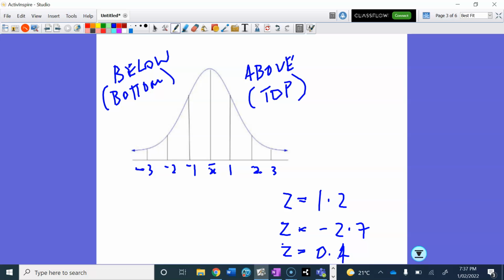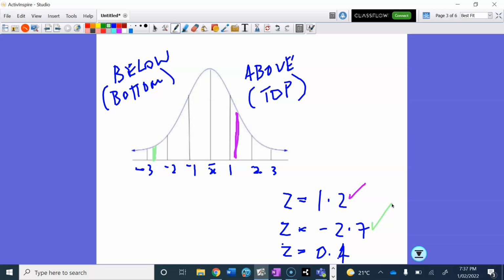A Z-score of 1.2 is greater than 1 and less than 2, so on your graph it would fall somewhere here, less than halfway between both. If you're doing a Z-score of negative 2.7, obviously it's smaller than negative 2, but it's bigger than negative 3. So it's in there somewhere. Negative 2.7 is that one.